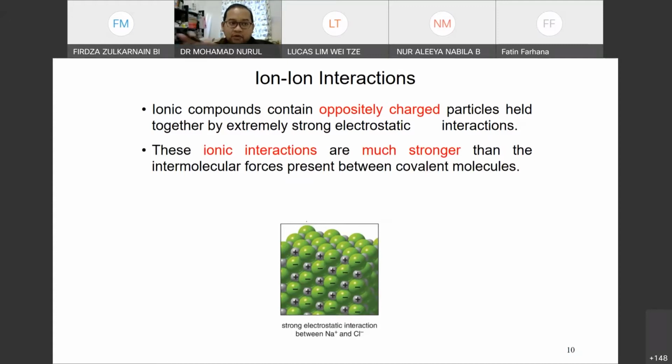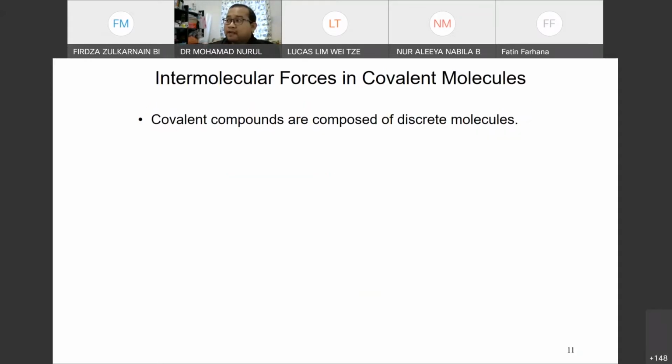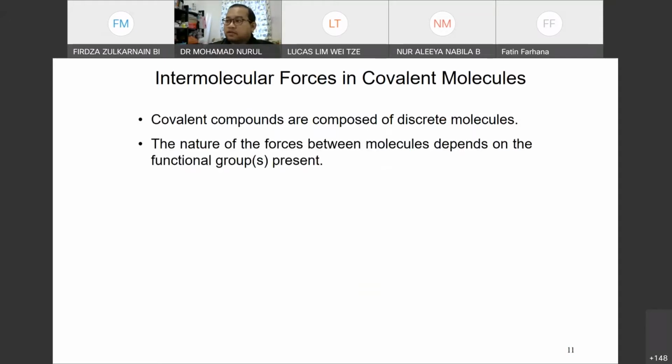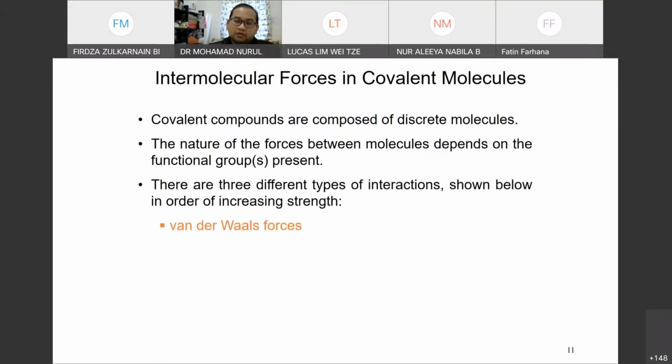For the covalent bonds, they have 3 types that we will touch on later. Covalent compounds are composed of these 3 kinds of molecules. The nature of force between molecules depends on the functional group. That's why we learn about the functional group before we learn about intermolecular force. There are 3 types of intermolecular force: London van der Waals force, or we call it London force. This is the weakest one.